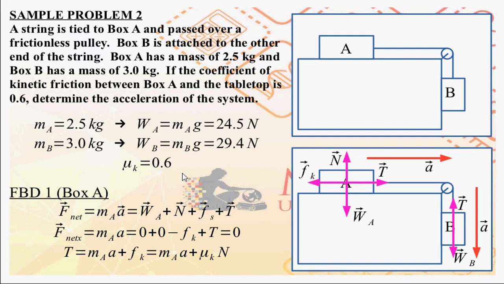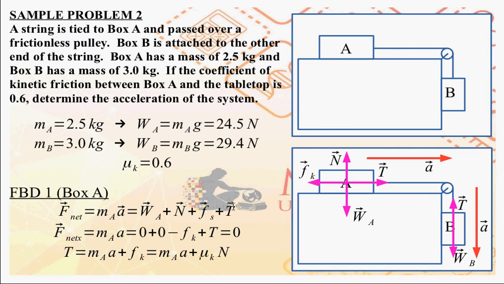So we pretty much go over the same steps that we did in the previous sample problem. Once you have a drawing of the system, identify the forces present in the system.